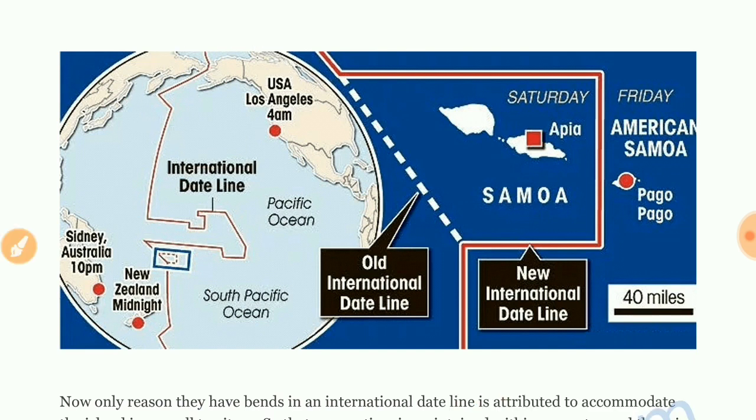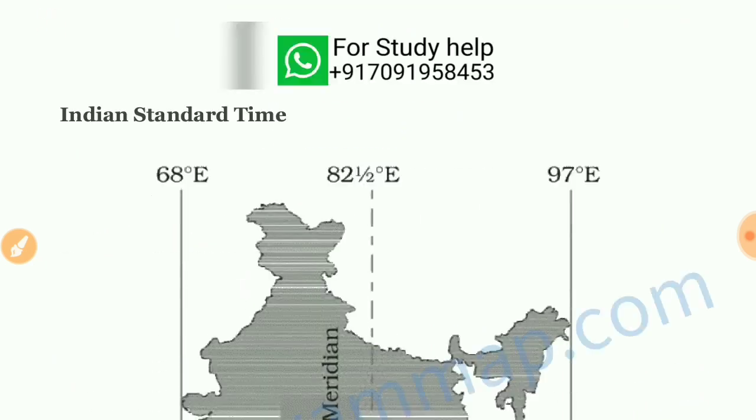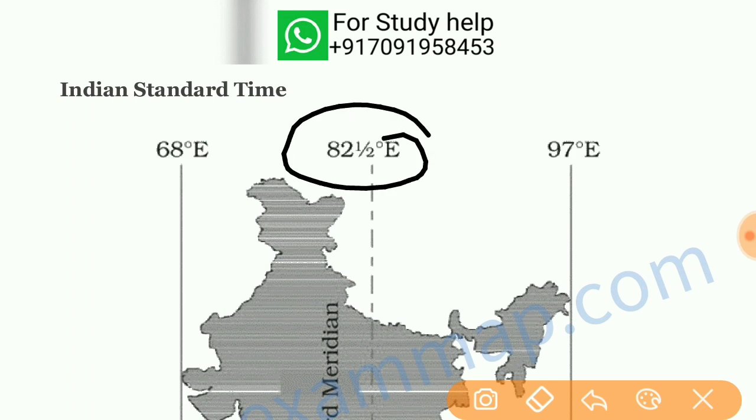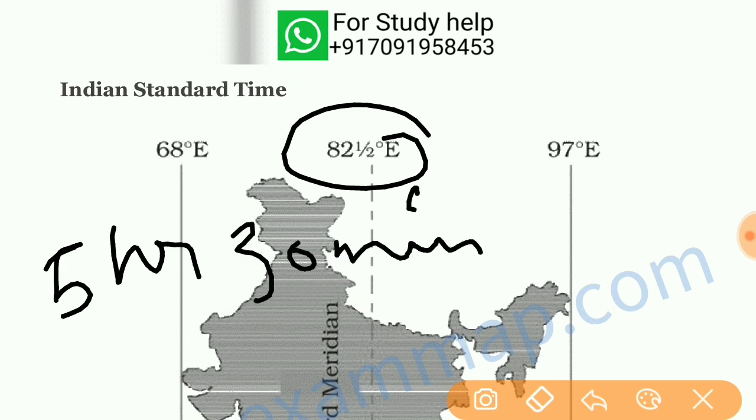Now let's come to Indian Standard Time. As we know, India is completely in the northern hemisphere and in the eastern hemisphere. The Indian government has accepted the meridian of 82.5 degree east as standard time, which is 5 hours and 30 minutes ahead of Greenwich Mean Time.